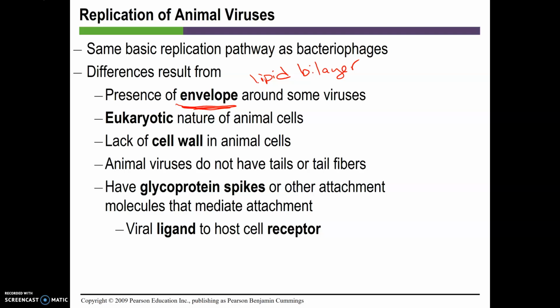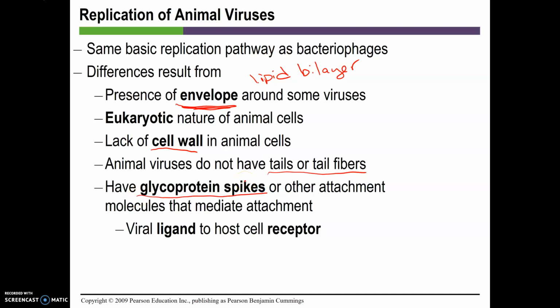We have to keep in mind that eukaryotic cells are different than prokaryotic cells. For example, animal cells have no cell wall. Animal viruses don't have that tail or tail fiber type of arrangement that we were seeing in bacteriophages, but they do have those glycoprotein spikes.